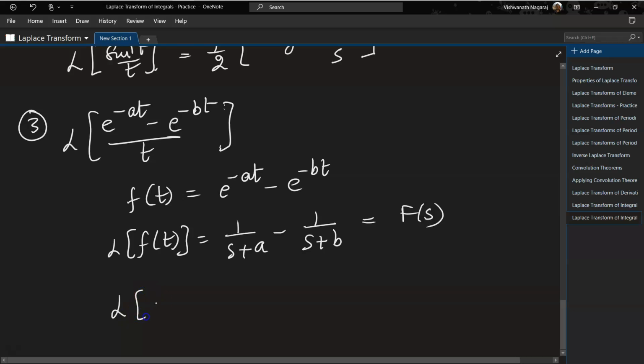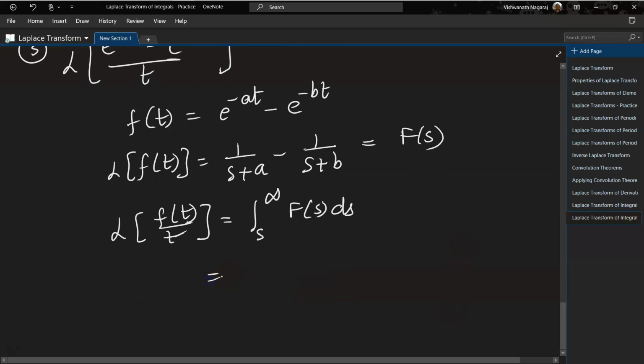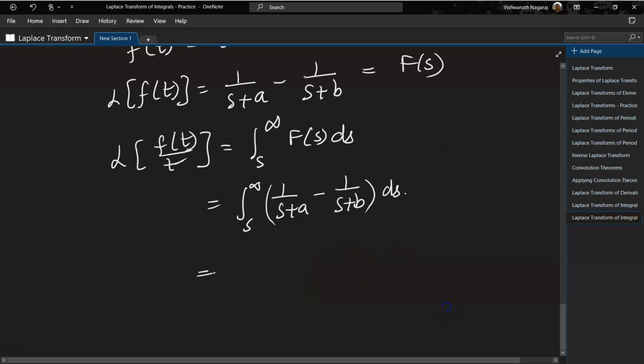And the Laplace transform of f of t by t is equal to the integral from s to infinity of F of s ds, which is equal to the integral from s to infinity of 1 by s plus a minus 1 by s plus b ds. So let's integrate.